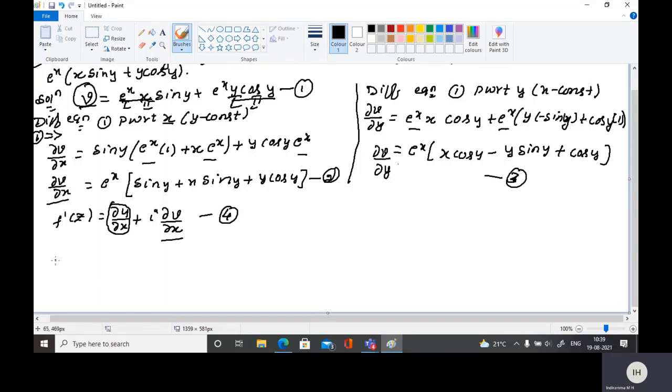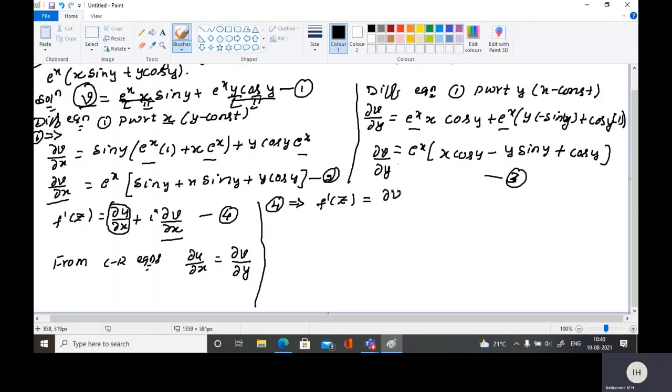So from the CR equations, u x is equal to v y, that is dou v by dou y. Therefore, substitute this in equation 4. Equation 4 becomes f dash of z is equal to dou u by dou x, now changed as dou v by dou y plus i into dou v by dou x.